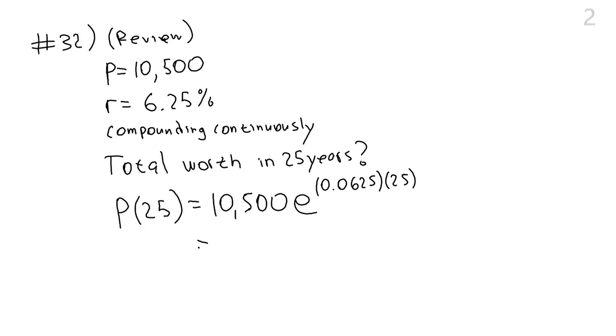We plug this into a calculator, we're going to get $50,092.70. Again, it's important that you use the correct formula and that you use it correctly. Next, we're going to do some graphing of exponential functions.